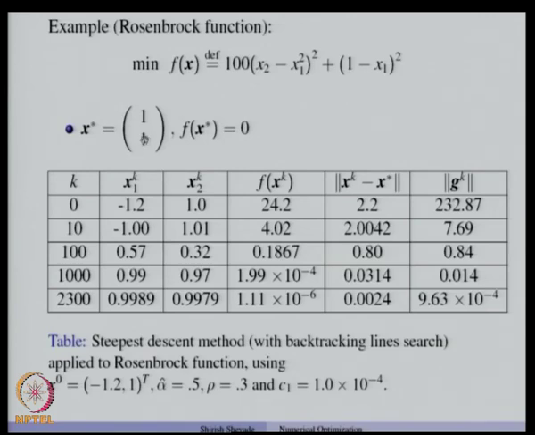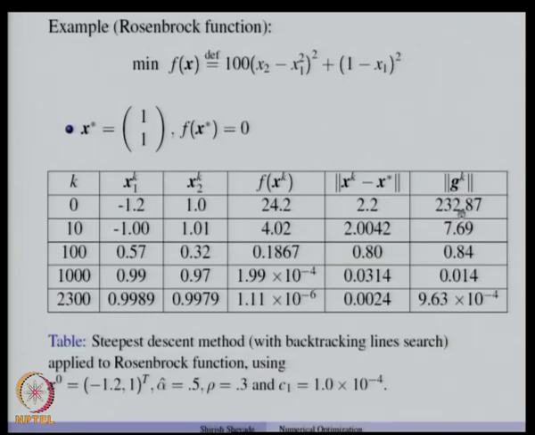Remember that minimum is 1, 1, and the point that we have reached is 0.9989, 0.9979, which is reasonably close to 1, 1. So, the distance between the xk and x star is about 0.0024, and as in the previous case these two columns denote the coordinates of points at the kth iteration, and this column denotes the distance between xk and x star, and this column denotes the norm of gk.